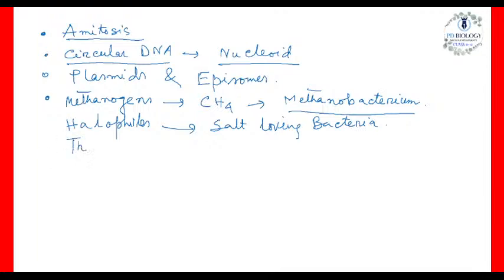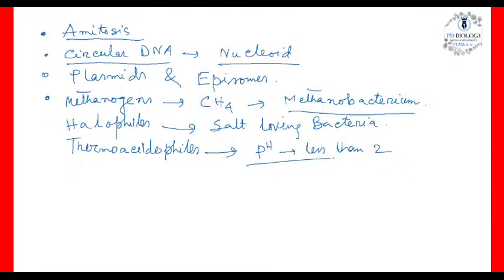And the thermoacidophiles live in extremely acidic environment, where the pH is less than 2, and have extremely high temperature, up to 110 degrees Celsius, and they are found in hot sulfur springs also. So they are cosmopolitan.